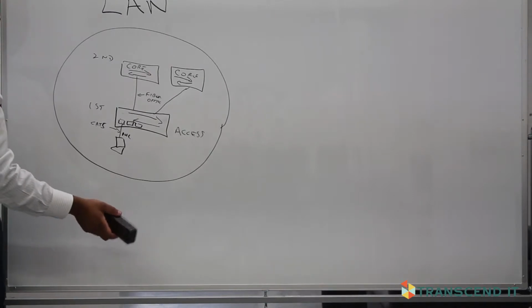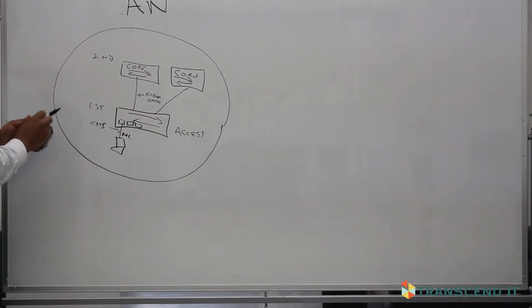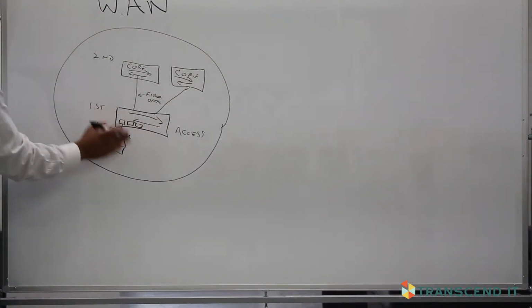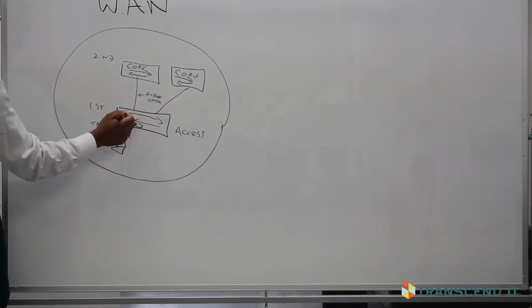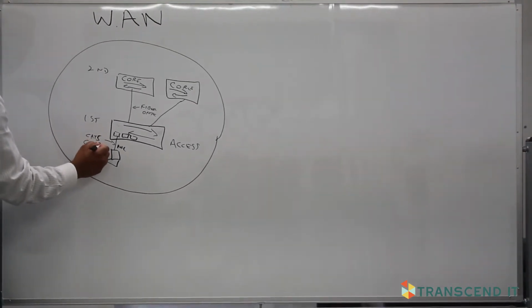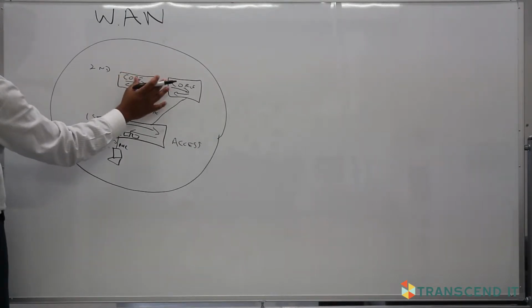So we're going to go from the local area network to the wide area network now. So now that we already understand you've got users or computers connected to your access switches through Cat 5 copper cabling, in turn, they're connected to core switches.